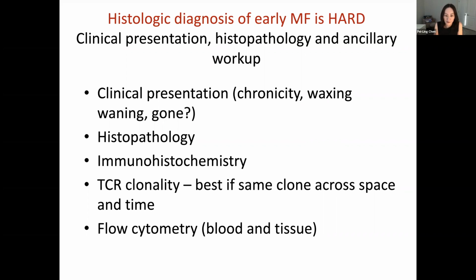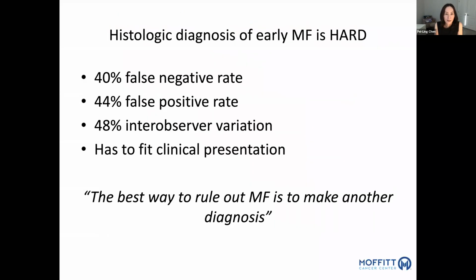So it's a lot of consideration, and this is why the diagnosis of mycosis fungoides takes time and patience. We don't want to overcall, and at the same time, we don't want to undercall. So despite the best effort and all this workup, there is still a high false negative rate, a high false positive rate, as well as inter-observer variation.